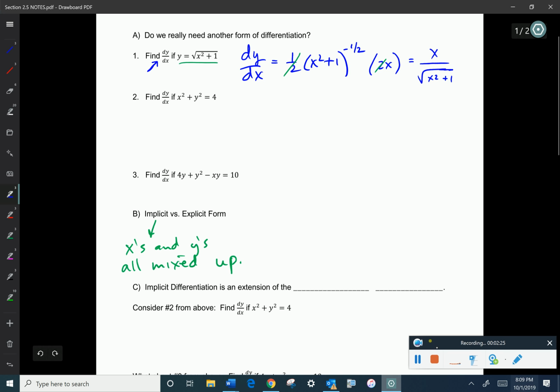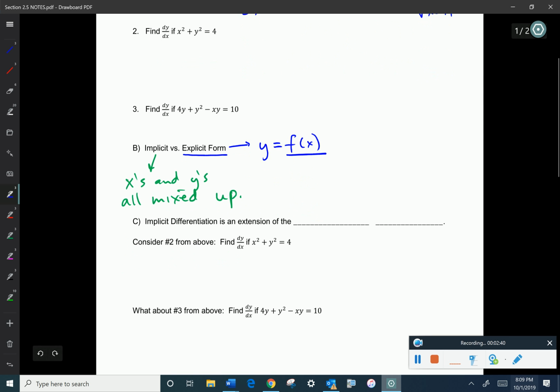Whereas explicit is what we've been doing, we just haven't called it that. That's where you have y equals, and then everything on the right hand side would be your function of x, meaning everything on the right hand side is in terms of x.